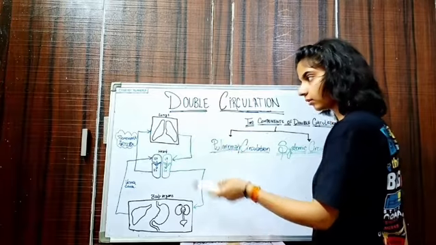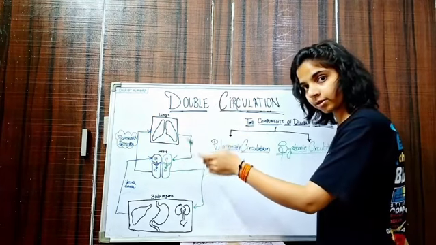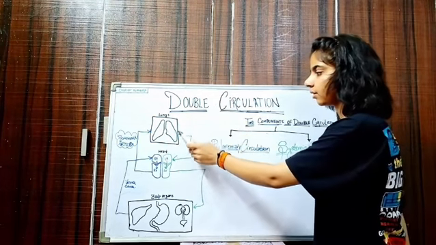Now, gaseous exchange will take place in the lungs as the normal respiratory function will take place. Now, the blood has become oxygenated. Now, this oxygenated blood will pass from the lungs to the left atrium. Now again we have reached our second most important exception in double circulation. Only these two exceptions you need to remember and keep in your mind.